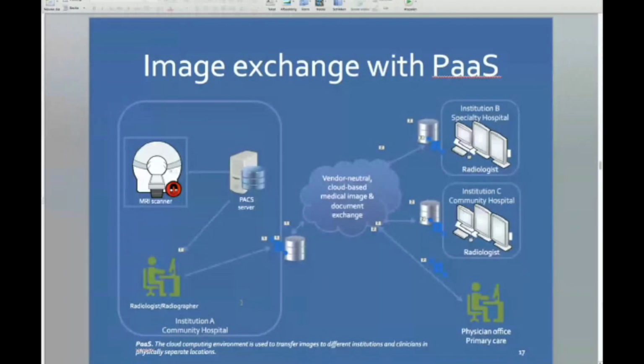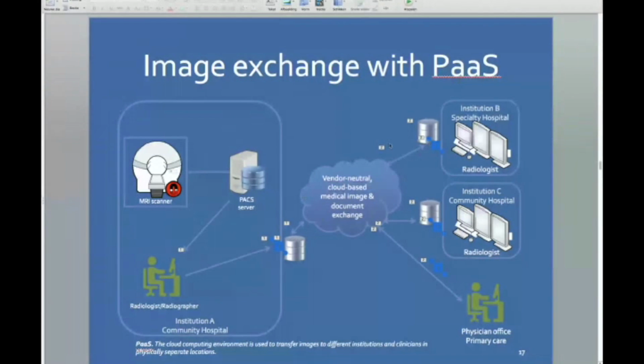This is an example of how image exchange will be possible by using the cloud as a platform as a service. So in one location, a community hospital, for example, we have the scanner, we have a PACS server, we have the radiologist, and from this location, the images can be sent to a vendor-neutral cloud-based medical image and document exchange system, as for example, the PACS on Web system we have in Belgium.